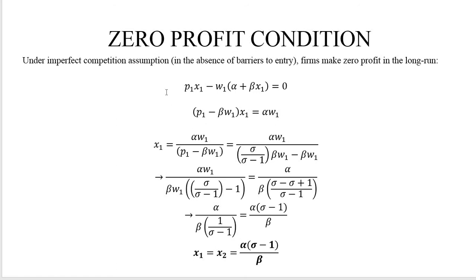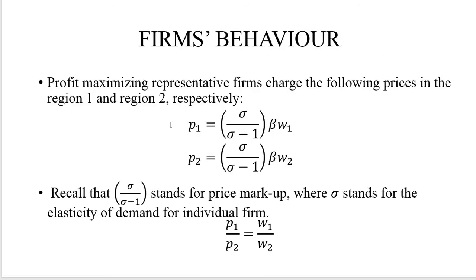And we can also express X1 as a function of alpha, wage, price, and beta. This is what we get. And as we discussed a minute ago, you can express price as the product of marginal cost and price markup.